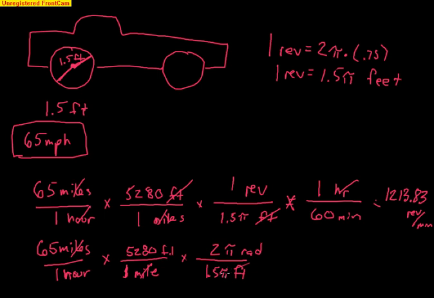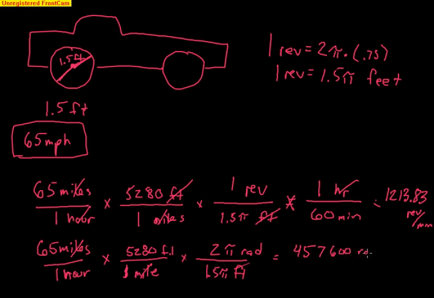So multiplying here should make sense. Again, I get 65 times 5,280 times 2 pi, and then I divide by, in parentheses, 1.5 pi. And I get a big answer here, 457,600, and that would be radians per hour.